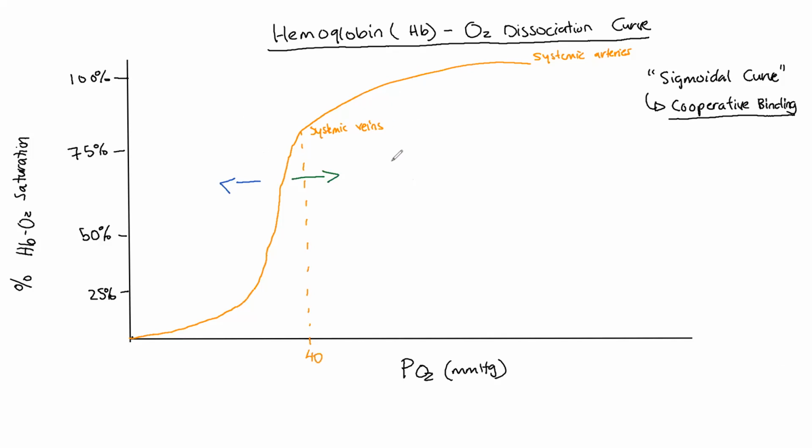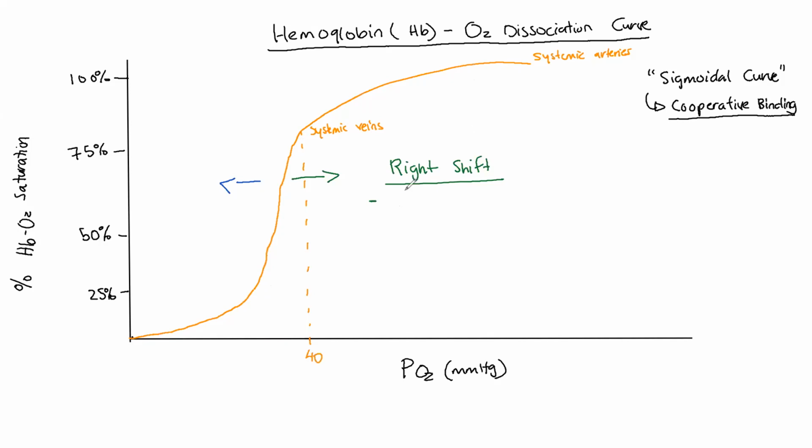So essentially the right shift is seen when we have a lower affinity of oxygen for hemoglobin. In other words, oxygen and hemoglobin are not as attracted to each other as they should be, okay? They don't want to bind as easily or as readily as they typically would, as this central curve would indicate.